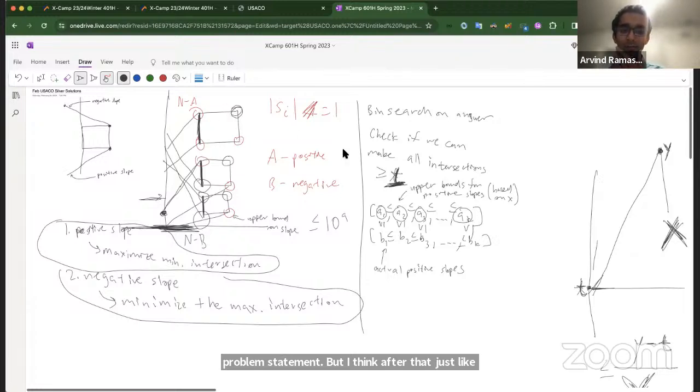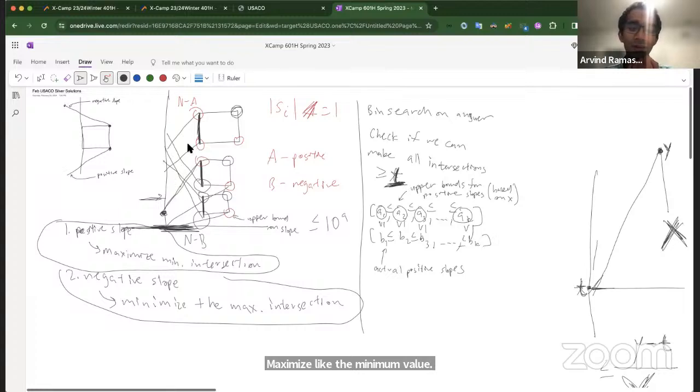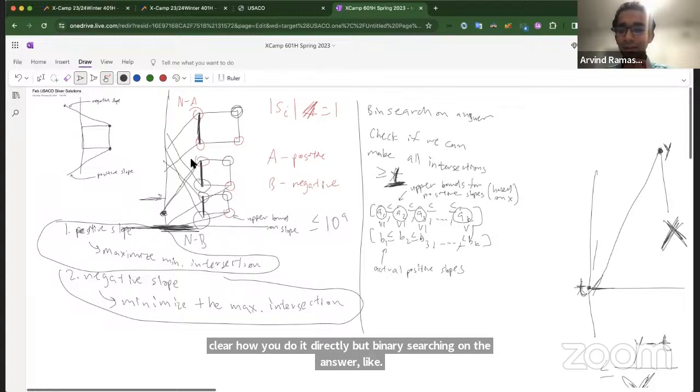Another thing that's tricky is making the observation that if you binary search on the answer, that simplifies things a lot, because trying to do it directly can be very challenging. Like if you're given the positive slopes and you want to maximize the minimum value, it's not super clear how to do it directly, but binary searching on the answer simplifies that.